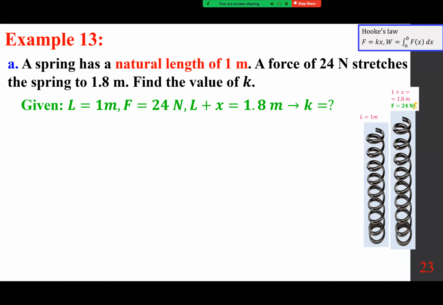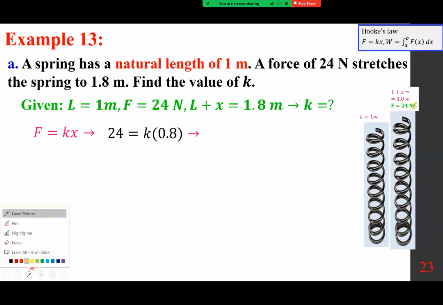All right, so F equals Kx. So we replace F with 24, K is missing, X is 0.8. Again, please understand, 1.8 minus 1 is 0.8.